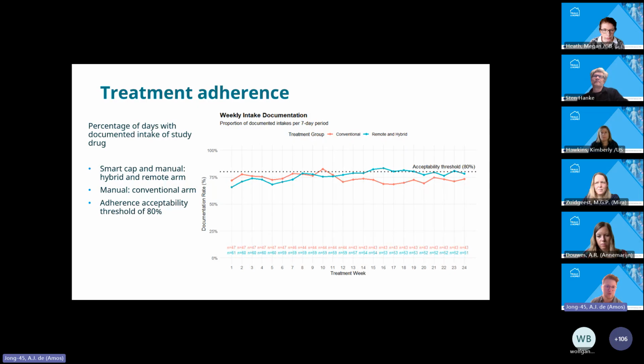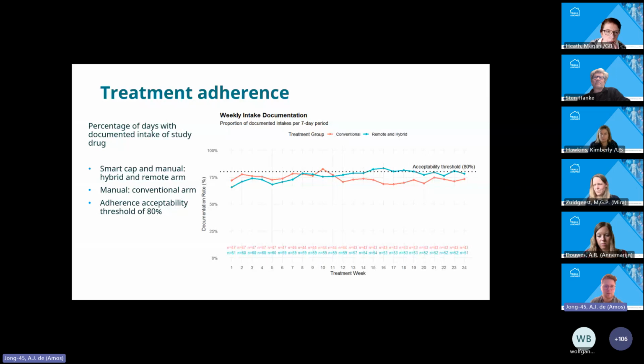What is of interest, and that was also already shortly discussed by Sten, is that there were some issues with this technology. Only 25% of the data that was collected for the hybrid and remote arm was actually electronically created by the smart cap, and the rest was manually entered by the study participants.